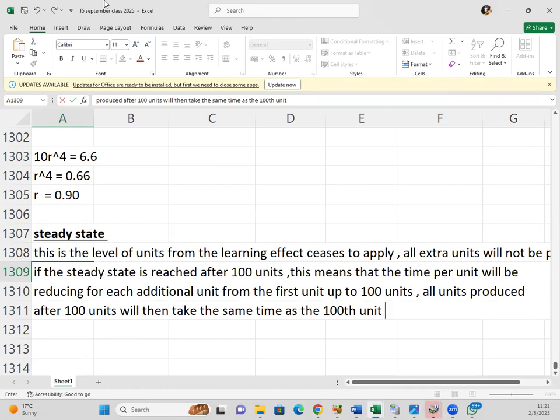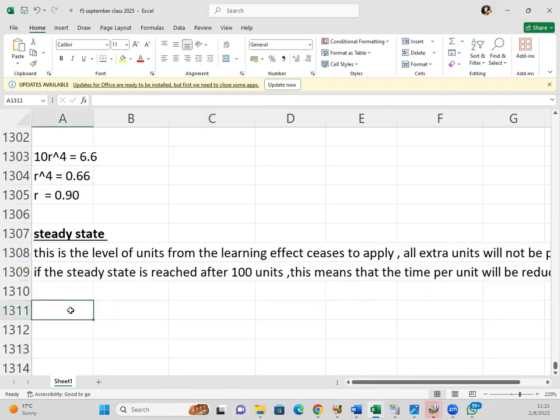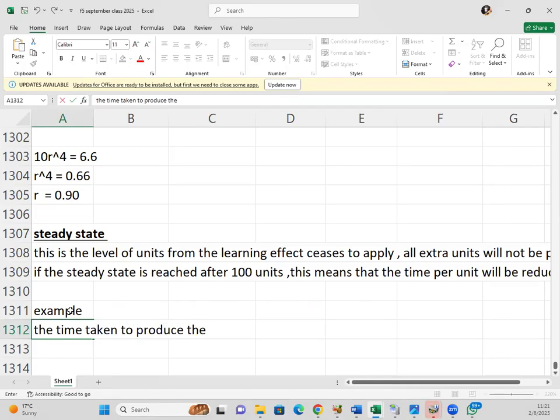So let's have a question. Example. The time taken to produce the first unit is 20 hours.